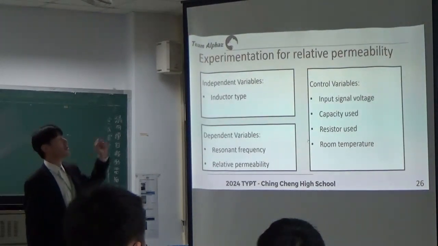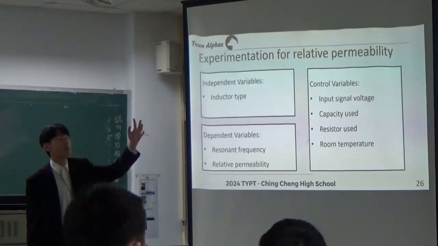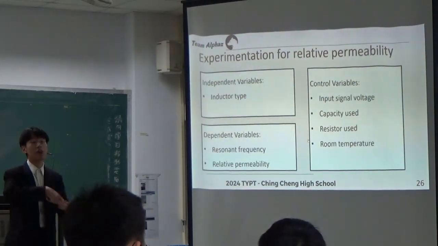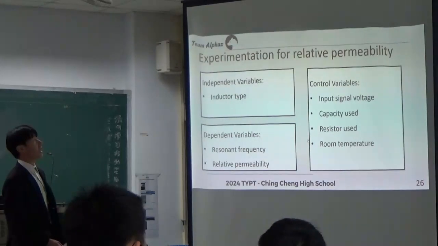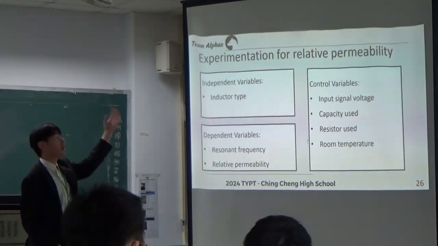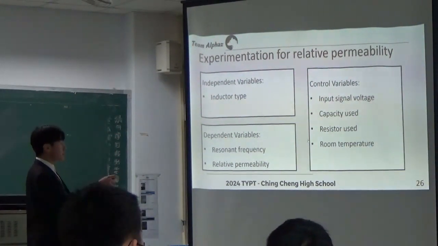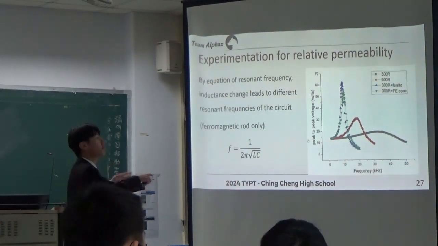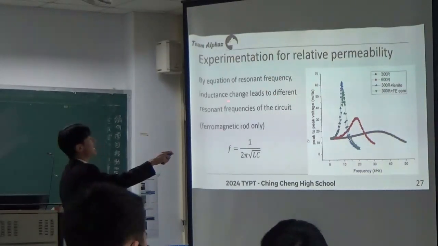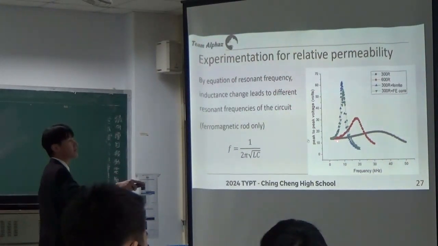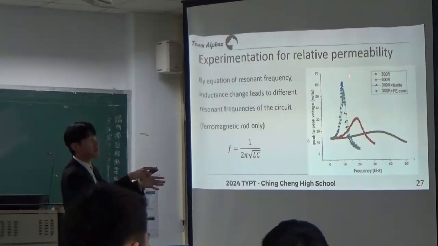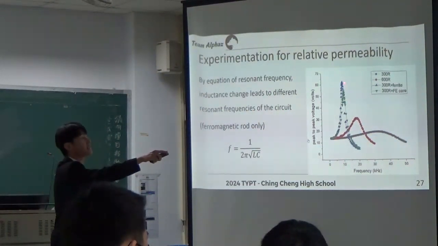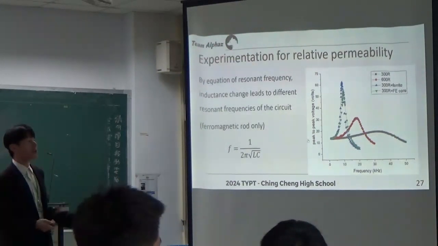So here is our first topic, the relative permeability. Because relative permeability can only be obtained with ferromagnetic rods, we only use ferromagnetic rods for this experiment. And from the formulas that support our experiments, we can get the resonance frequency from the circuit's response: when the voltage reaches its maximum value, that is the resonant frequency.